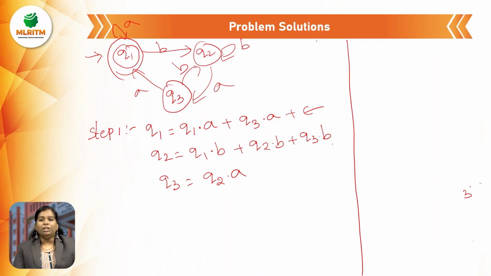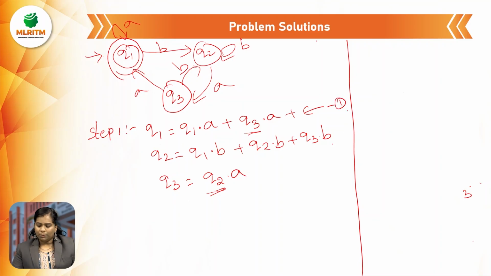So here we need to resolve Q1. Q1 is equal to Q1 dot A plus Q3 dot A. But Q3 is Q2 dot A. So before we perform Q3, we need to perform Q2, because directly or indirectly Q3 is connected with Q2.